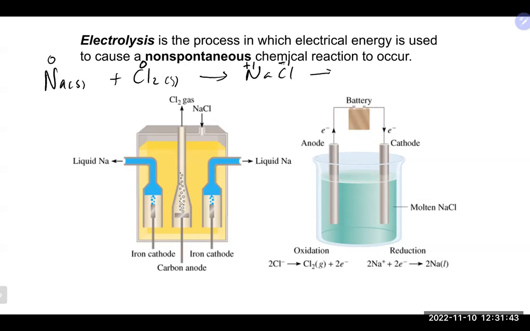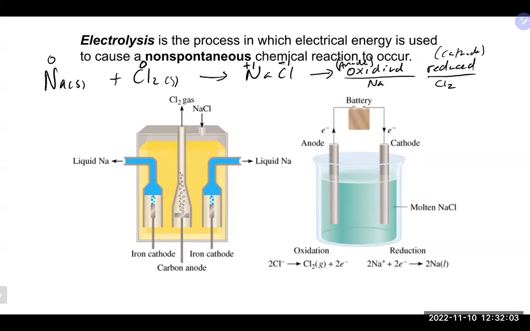In this case, the one that is being oxidized is the sodium, and the one that is being reduced is the chlorine, right? Which means that that would be our cathode, and this would be our anode.